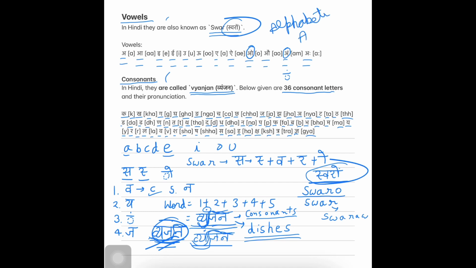Why? Because alphabets from A to Z are the building blocks of the entire English language. Same case with the vowels and consonants in Hindi language. So all the vowels and all the consonants must be remembered by heart. Only then can you aspire to move forward in the journey of learning Hindi.